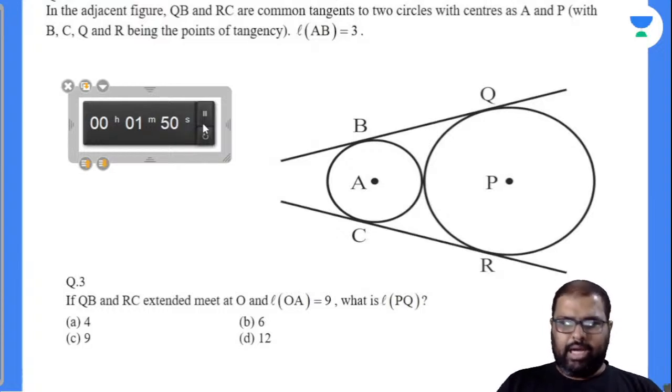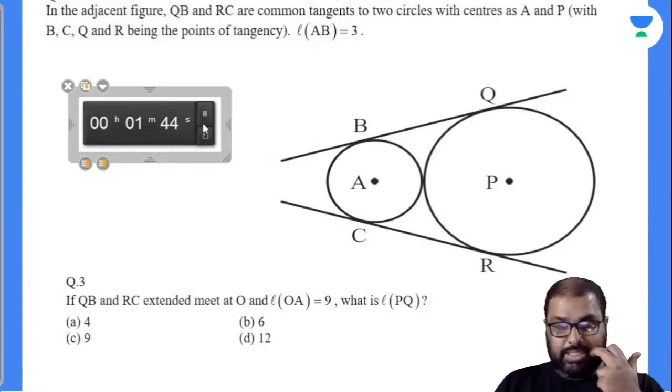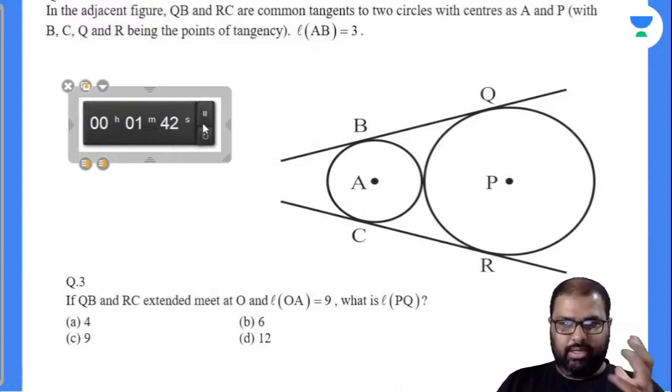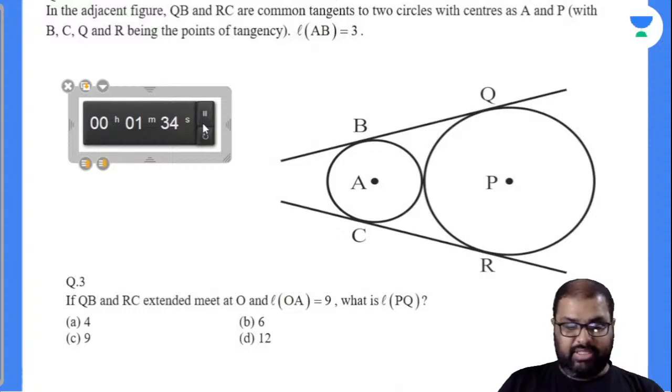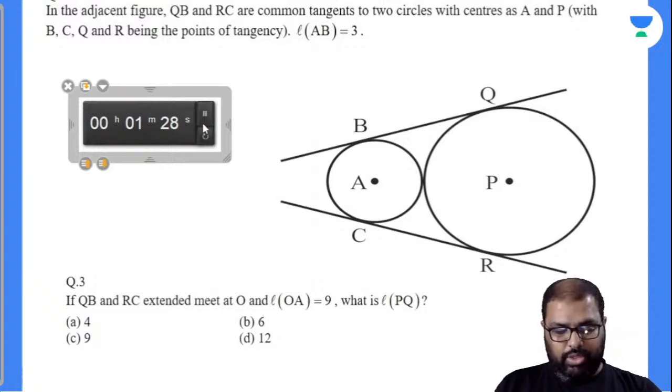If QB and RC extended meet at O, and length of OA is, so I'll get some more best questions on this series also, right? So see here, I'll add one more circle into this funnel. Automatically, see here the pattern of radius of these circles in this funnel, and it follows geometric progression. I'll deal with all those questions. Tomorrow you'll get the best questions.